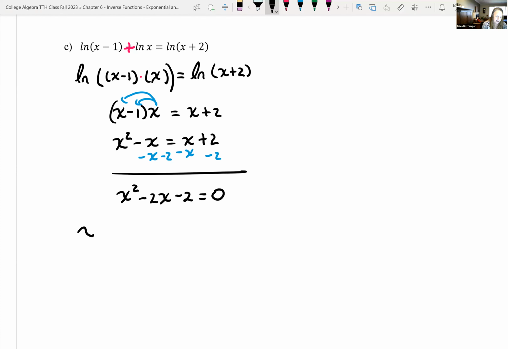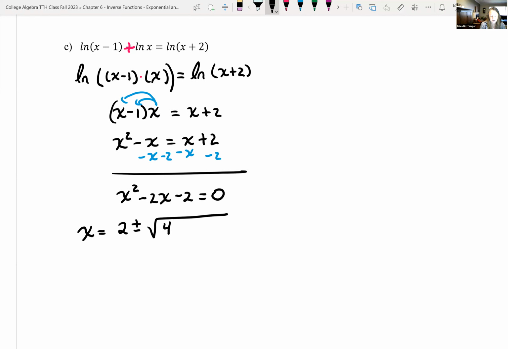So we have here x is equal to negative b, so 2, plus or minus the square root of b squared. I'm sorry, not negative b squared. So negative 2 quantity squared is 4, minus 4 times a, which is 1, times c, which is negative 2.